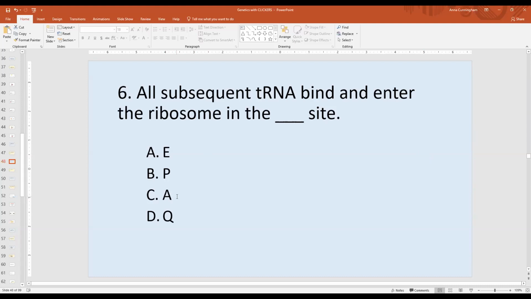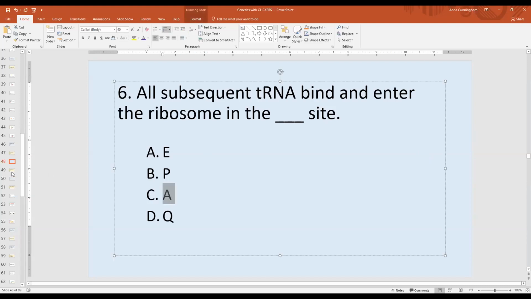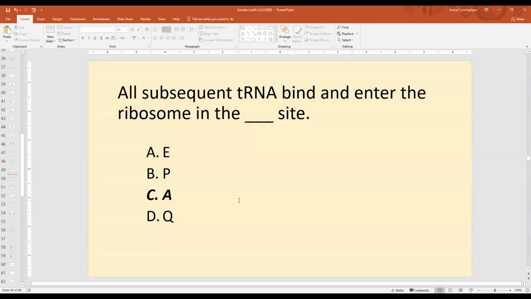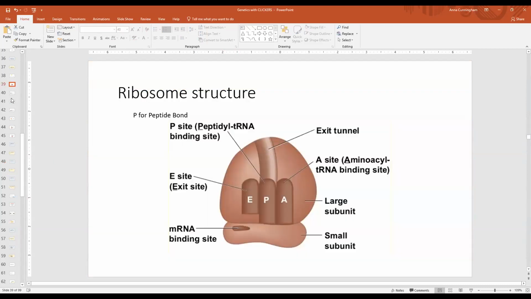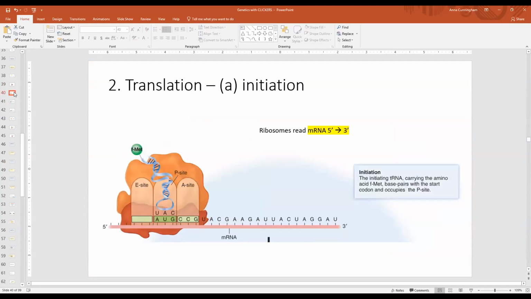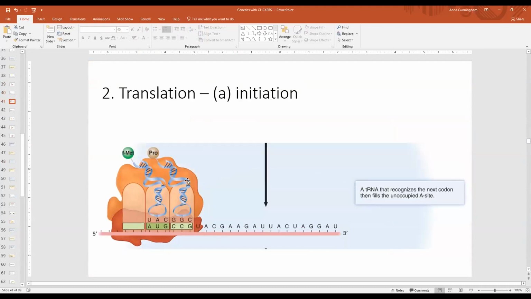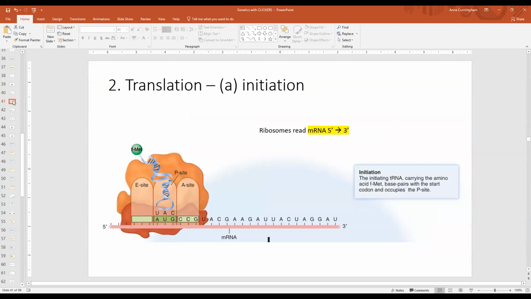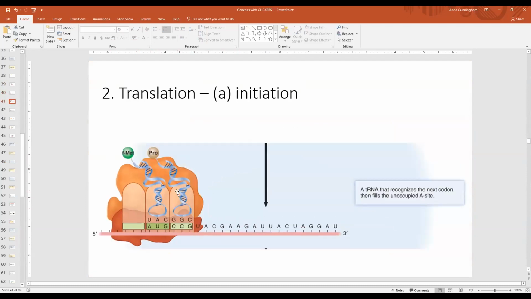All of the subsequent tRNA enter the A site. So you can see here, our very first tRNA enters the P site. All subsequent tRNA enter that A site.